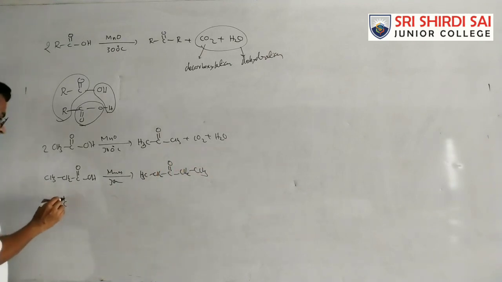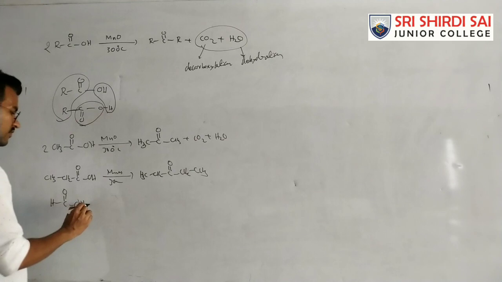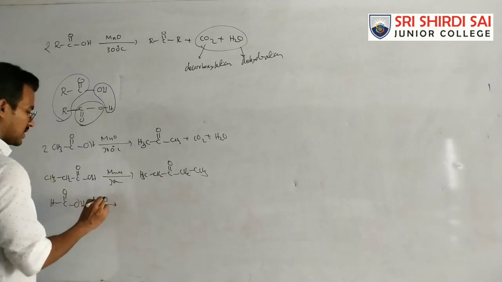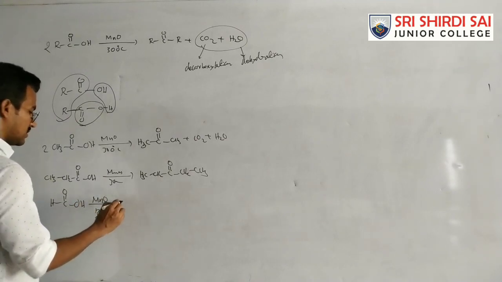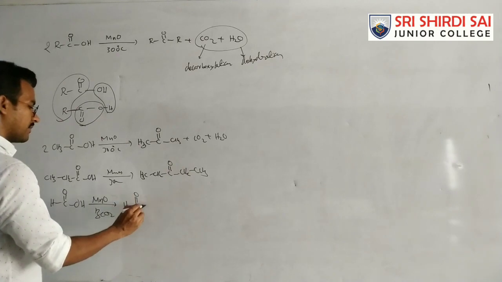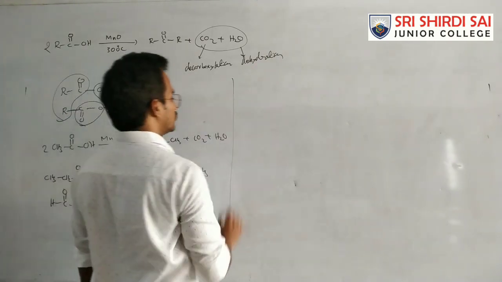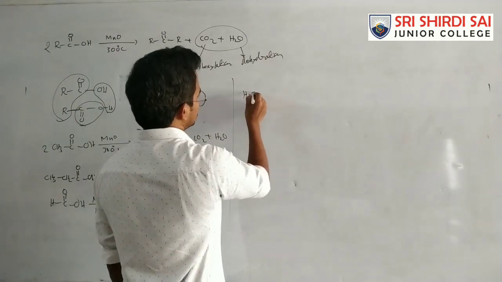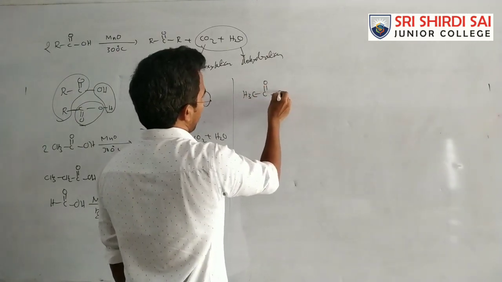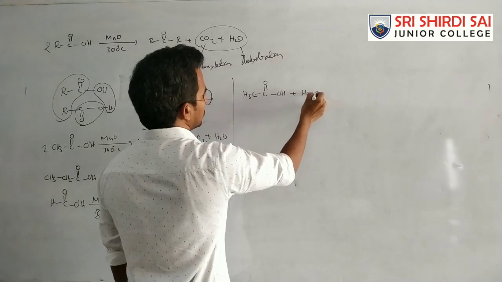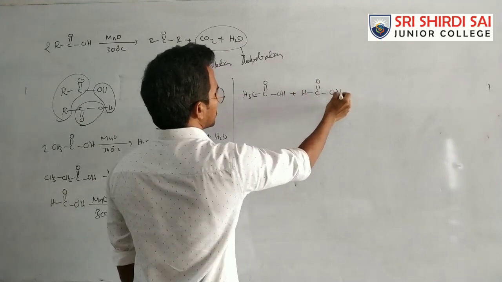Now for suppose formic acid with manganese oxide at 300 degrees centigrade, we will get formaldehyde. Or suppose two different carboxylic acids, CH3COOH plus formic acid.